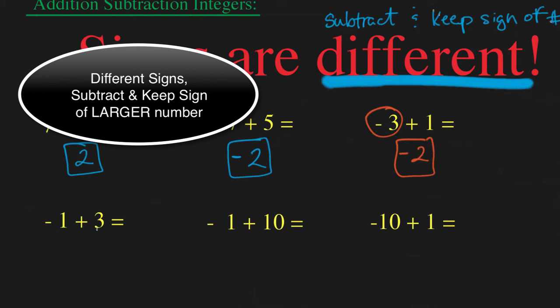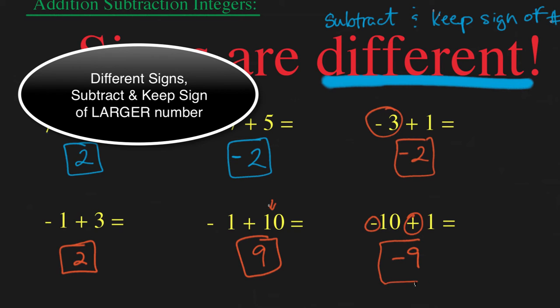Here we have two different signs, so we take the difference, but the 3 is larger in this case, so it's positive 2. Different signs, take the difference is 9 between those two, then we keep the sign of the larger. Same thing here, the difference is 9 because the signs are different, and 10 is larger, so we put a negative 9.